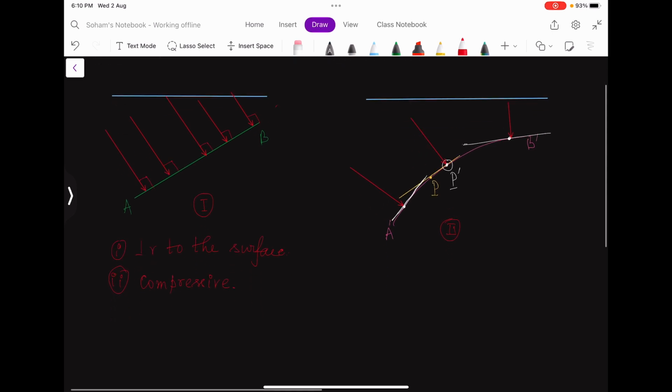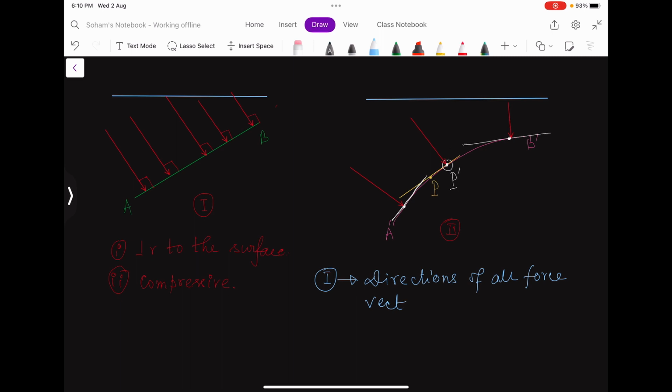So for case 1, directions of all force vectors are same, and for case 2, directions are not same.